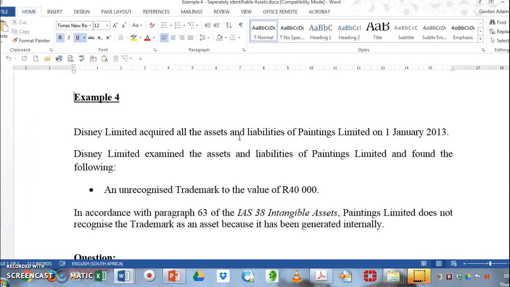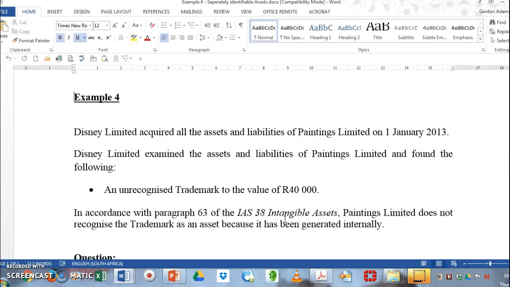Disney Limited examined the assets and liabilities of Paintings Limited and found the following. An unrecognized trademark to the value of 40,000 Rand. So, in accordance with paragraph 36 of IAS 38 on intangible assets, Paintings would not have recognized the trademark because the asset would have been internally generated.